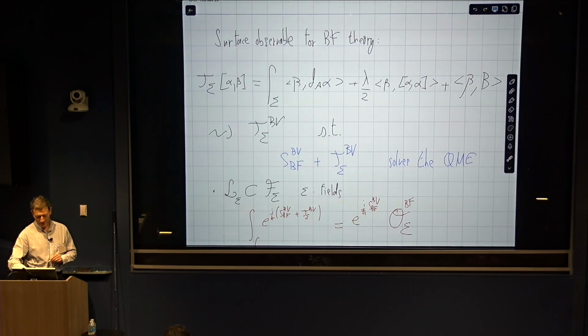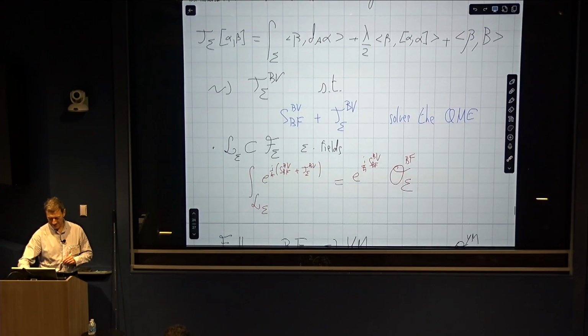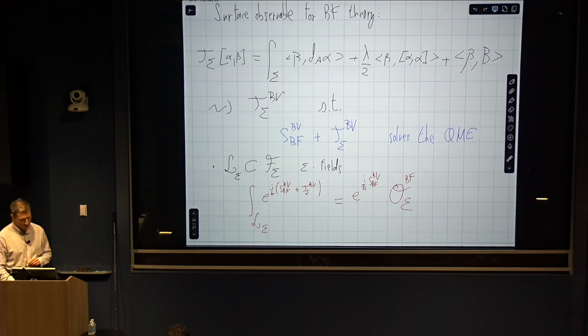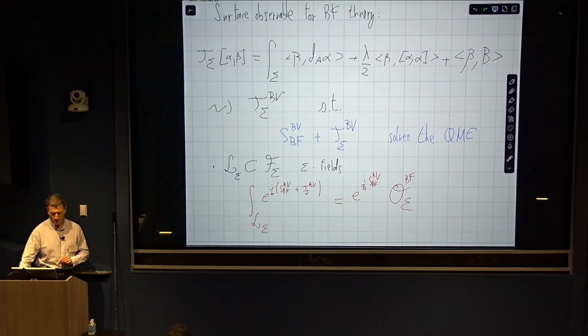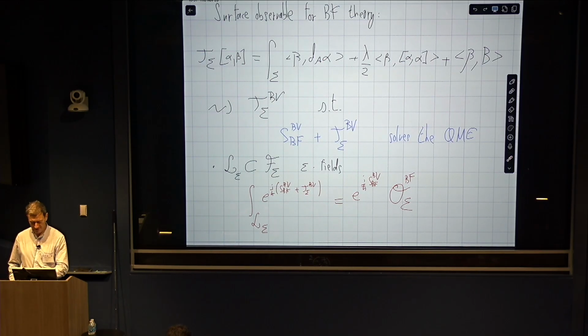Now let me tell you what to do for the observable. Remember, we had this classical observable on the surface, with fields denoted by alpha and beta. Beta is a 0-form, and alpha is a 1-form, taking values in the Lie algebra. What you can do is promote this to a BV action in such a way that the sum of the BV action for BF theory and this BV action satisfies the quantum master equation.